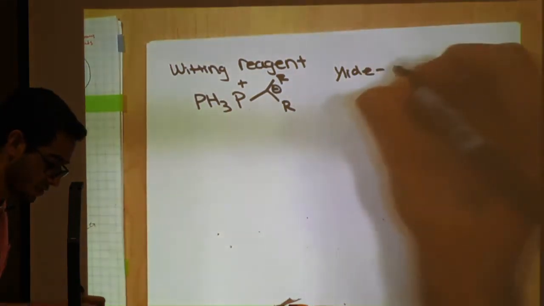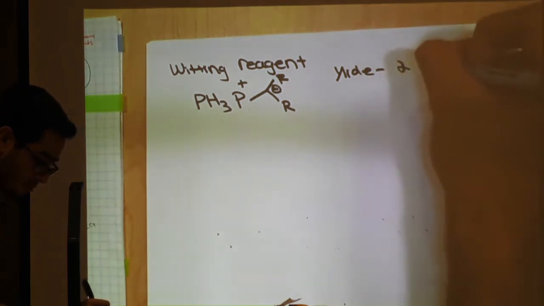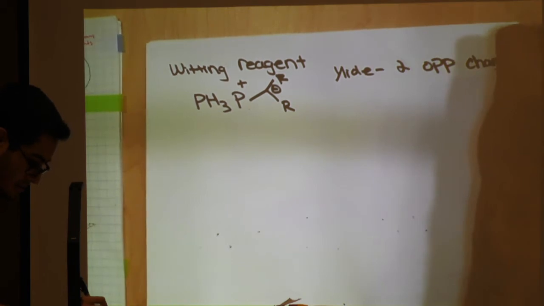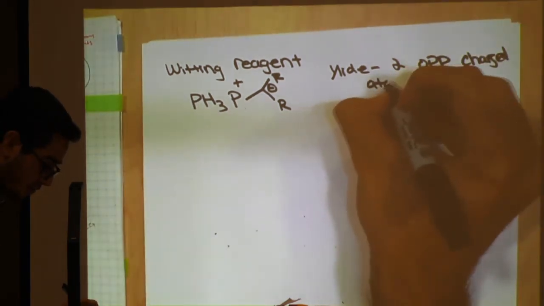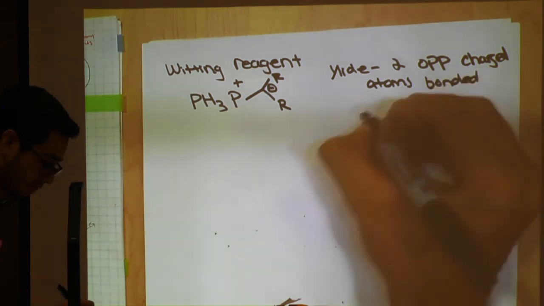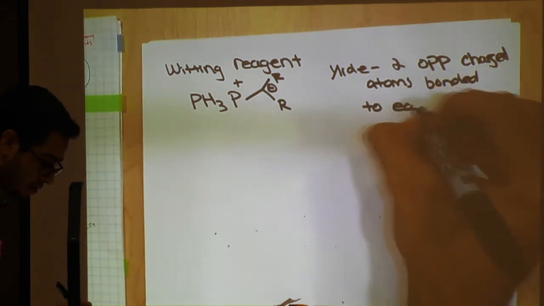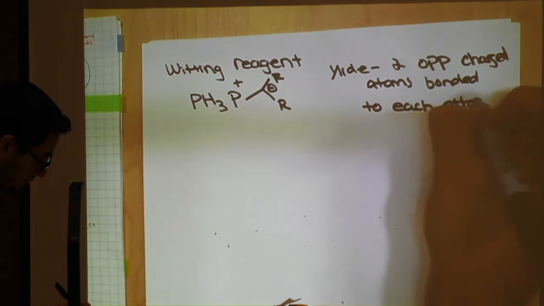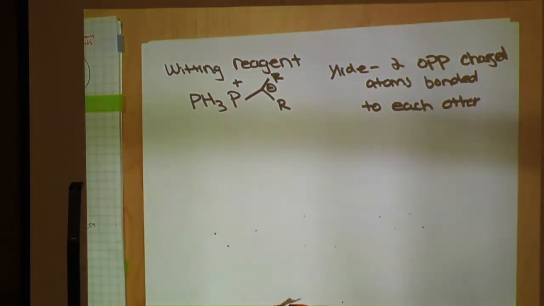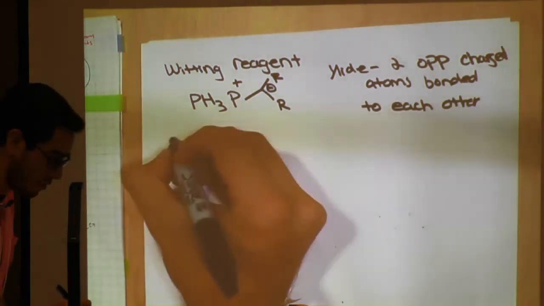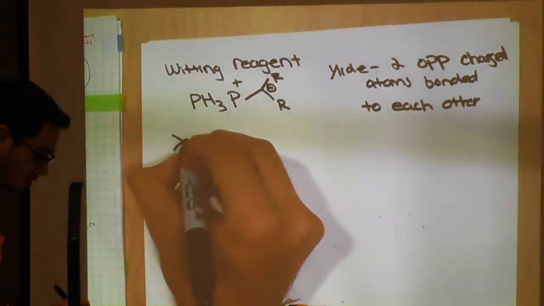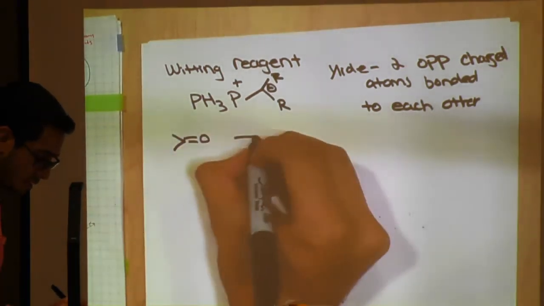That's an ylide, two opposing charged atoms bonded to each other. And so when we react them, usually we can react the ylide, or the Wittig reagent, with a carbonyl group, right?